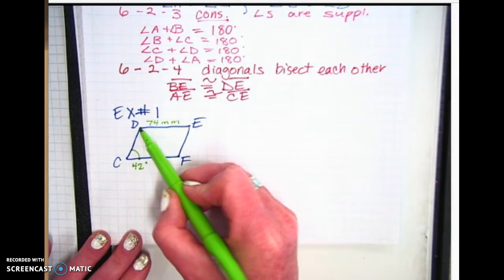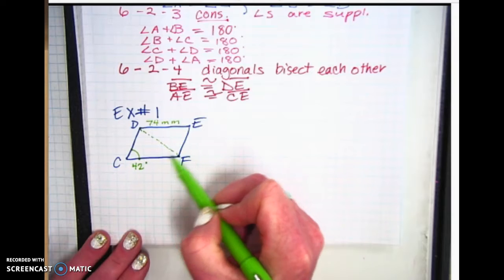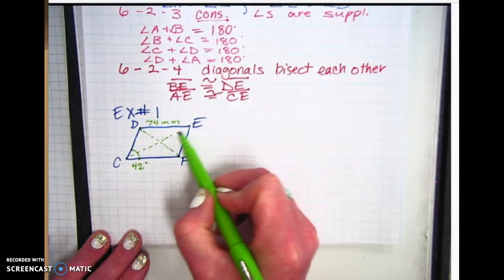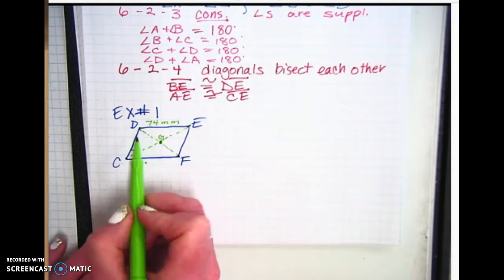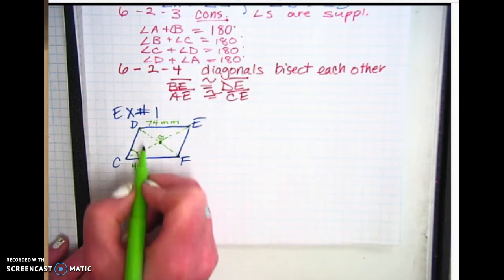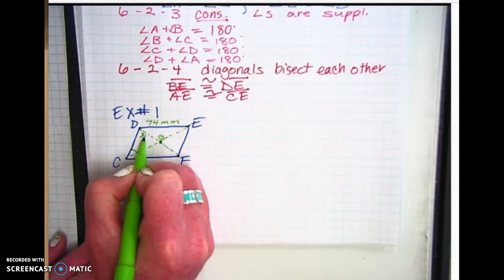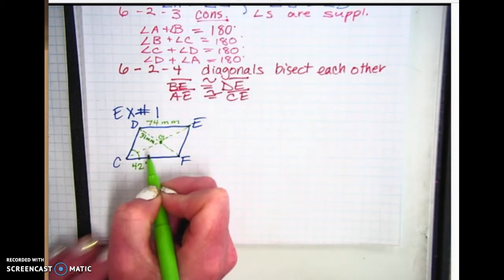And if I tell you this diagonal, D to F, and this diagonal, we'll put G right here in the middle, this piece from D to G is 31 millimeters.